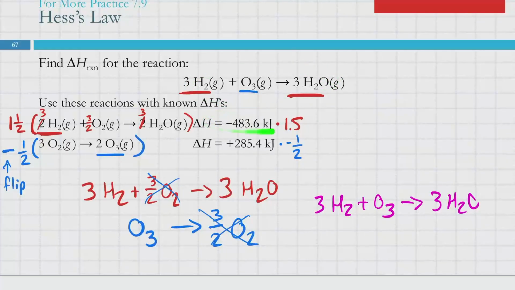And then we have to add up our delta H's with the changes that we made to them. So our delta H is negative 483.6 kilojoules, and that was times 1.5. So that's our first delta H value. Our second delta H value we multiplied by negative 1/2.